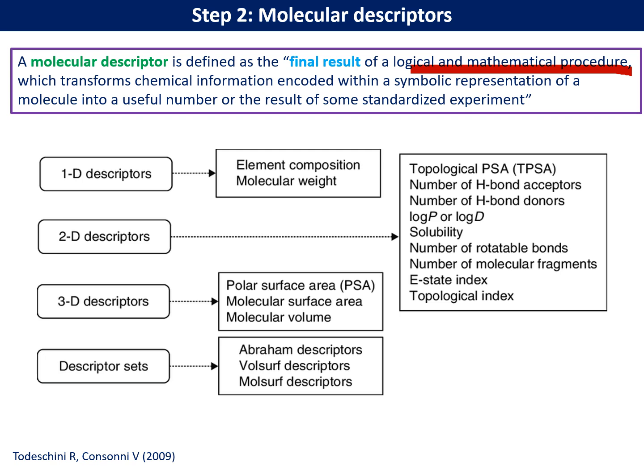For example, for 1D descriptors, you can calculate molecular weight or element composition. 2D includes topological PSA, number of hydrogen bond atoms, number of hydrogen bond donors, or other indicators. 3D descriptors include polar surface area, molecular surface area, molecular volume, and other descriptor sets.